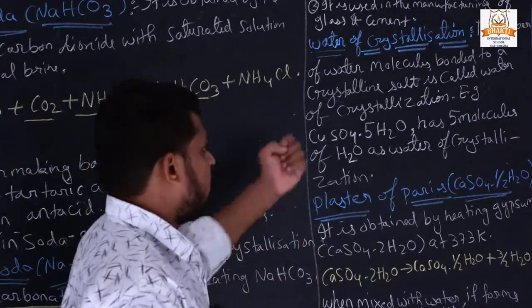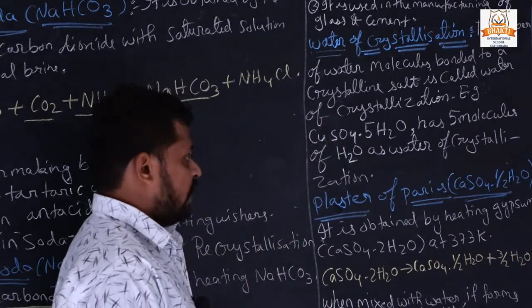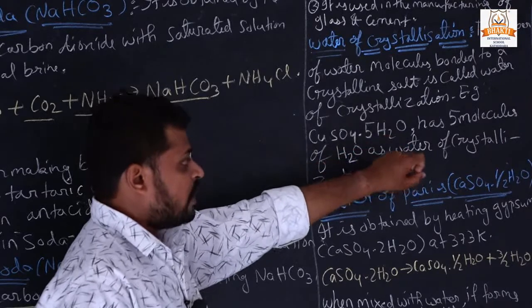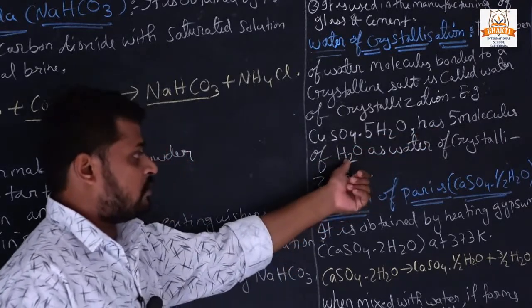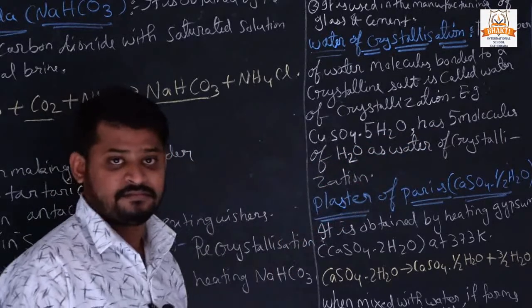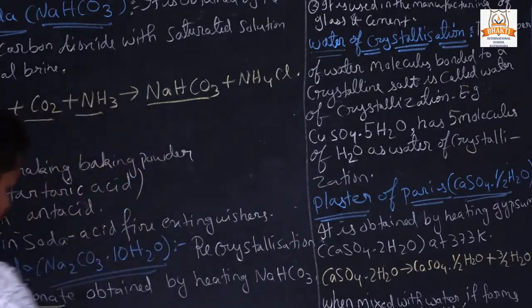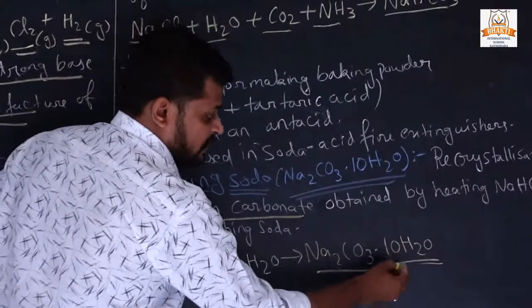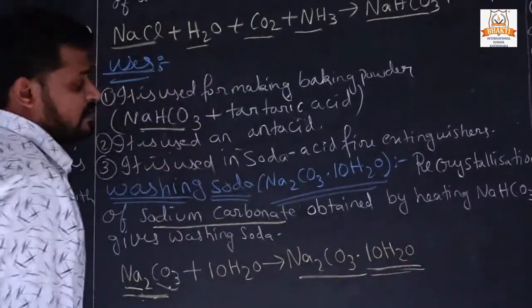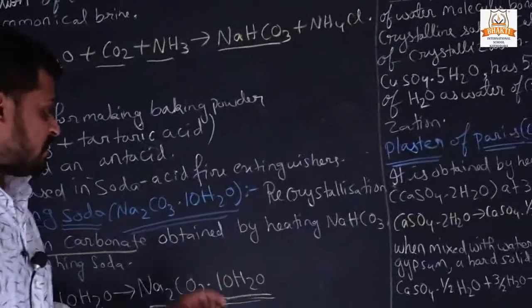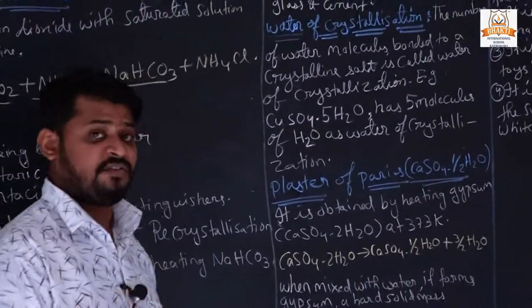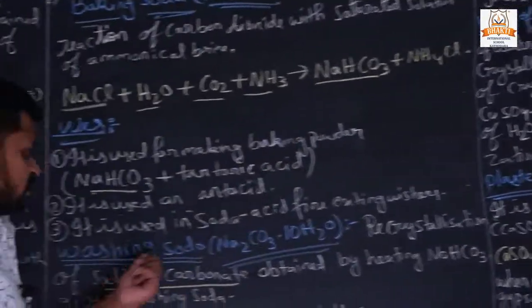Like CuSO4.5H2O has 5 molecules of water of crystallization. And in Na2CO3.10H2O, 10 molecules of water of crystallization are present in washing soda.